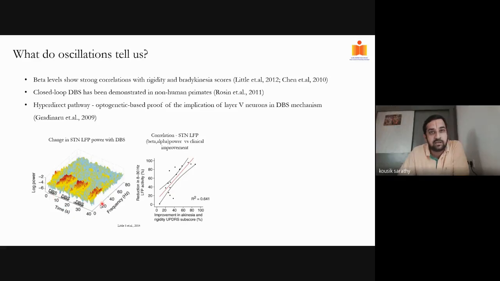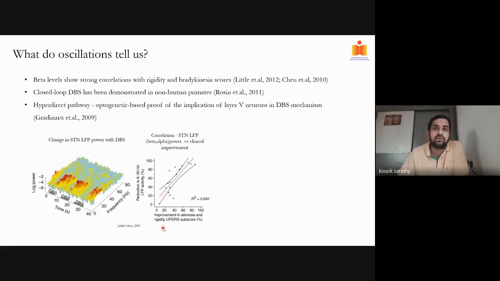In the so-called beta band, 12 to 40 hertz or 15 to 40 hertz, you can see a very nice decrease in beta band power whenever the DBS is switched on. This is interesting, but you could say this is just an epiphenomenon. Maybe it just happens. What is the use of it?